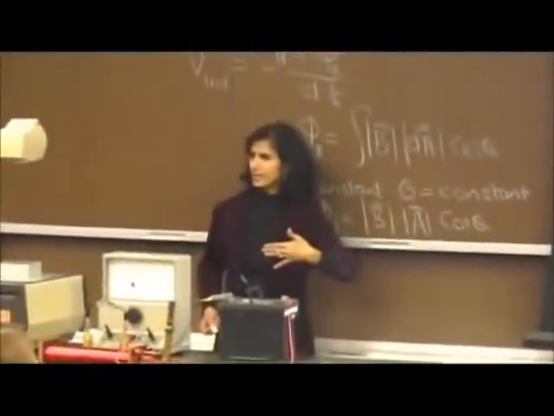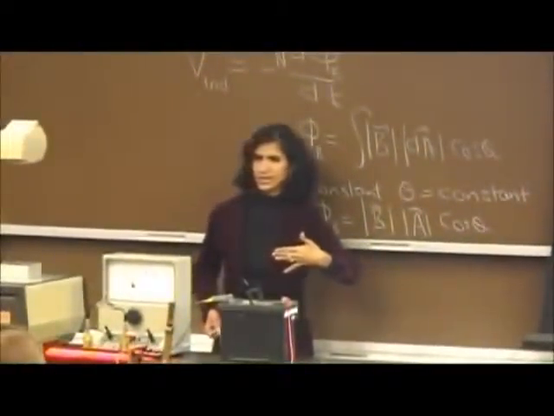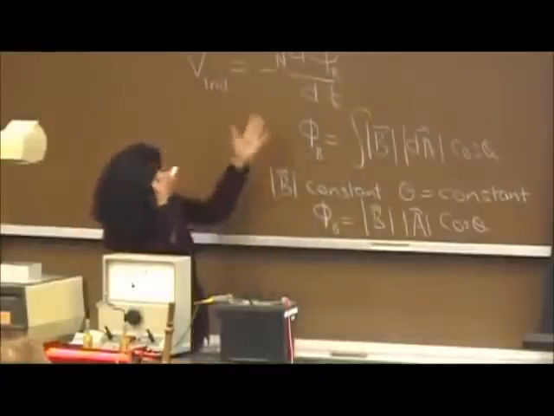In the middle case, the area is changing. You could also have changed the angle by, for example, tilting the coil like this. In that case also you would have seen an induced EMF, right? Does that make sense? Okay, so those are the different things that you need to understand about Faraday's law.